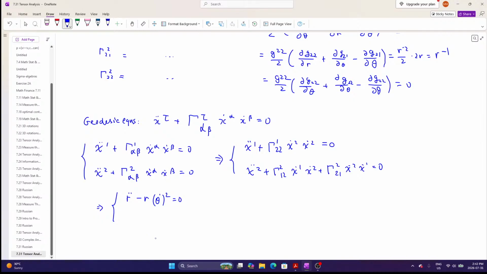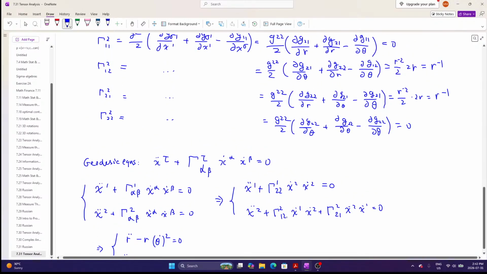And lastly what we have. X double dot 2, that would be theta double dot. Yeah, and then plus, those two terms should be the same, because gamma 2 1 2 and gamma 2 2 1 are the same.